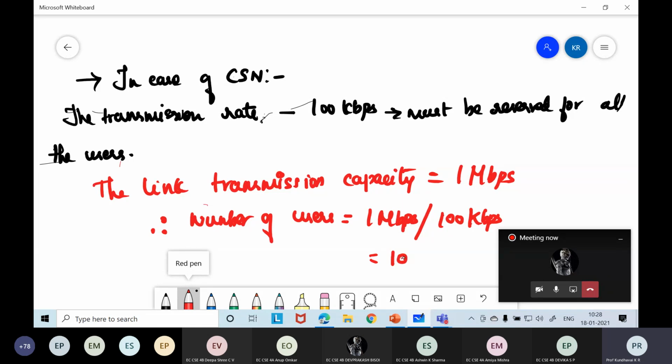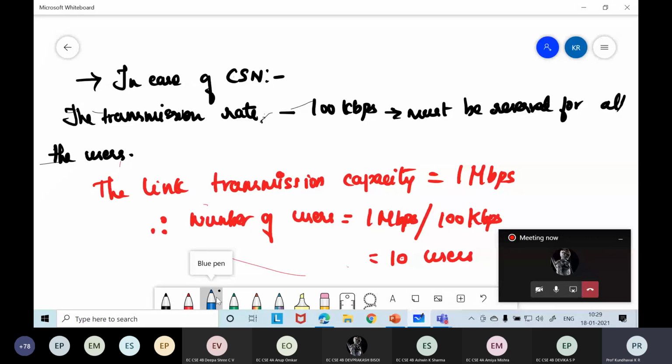So the number of users who could use a 1 Mbps link, each with a constant rate of 100 kbps, is only 10 users. There can never be an 11th user in a circuit switched network in this scenario, because everybody gets an equal amount of transmission rate.